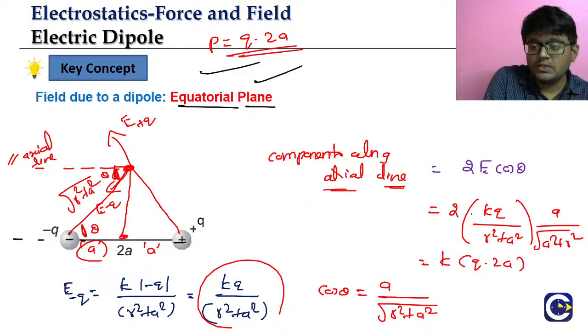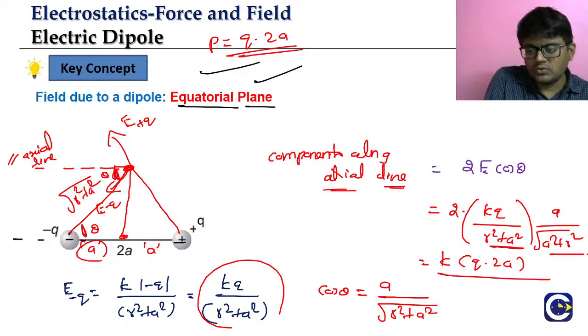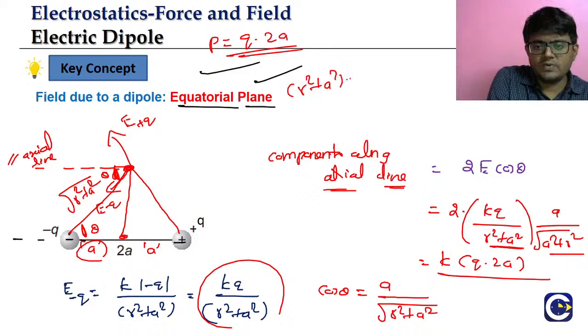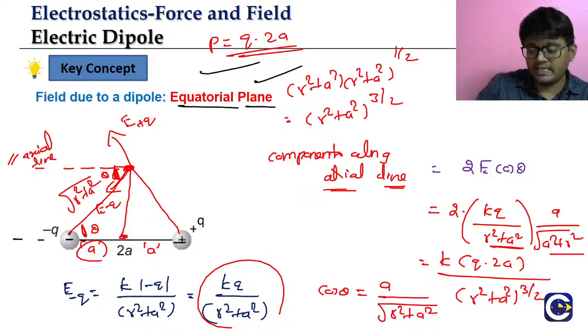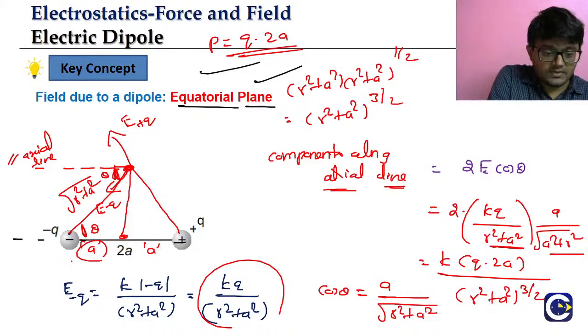So 2kqa becomes k into q into 2a. Dividing by the denominator, we get r square plus a square into root of r square plus a square, which is r square plus a square into r square plus a square whole power half, that is, r square plus a square whole power 3 by 2. This is the final electric field.